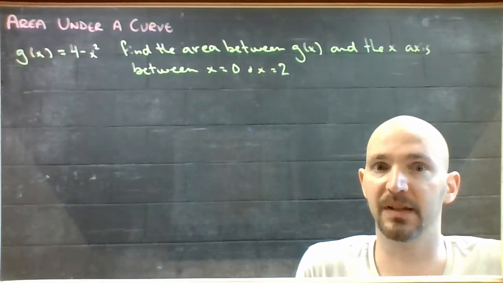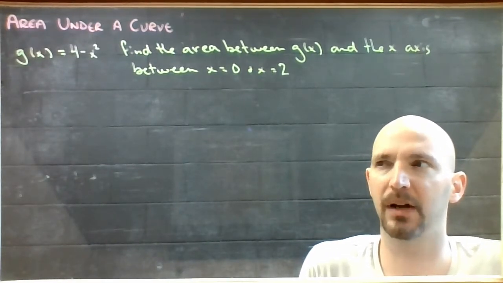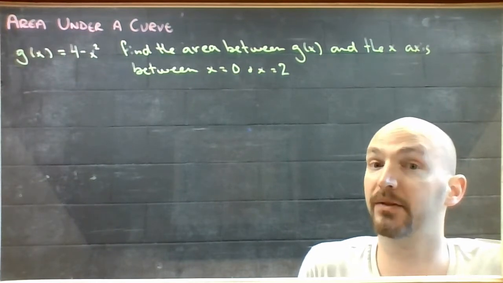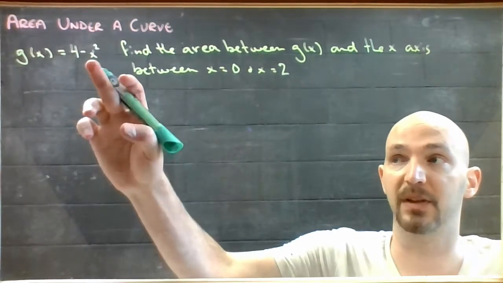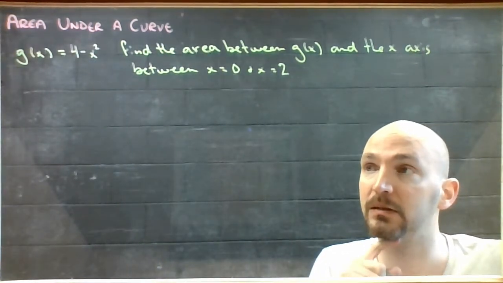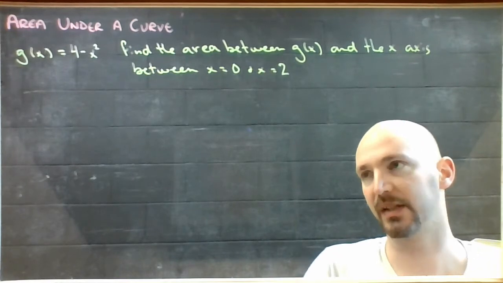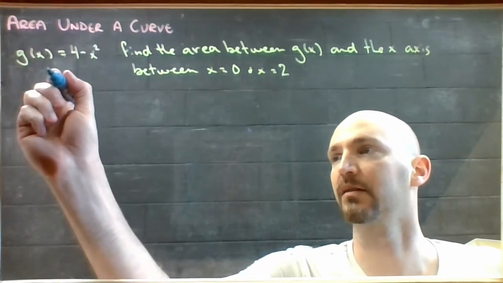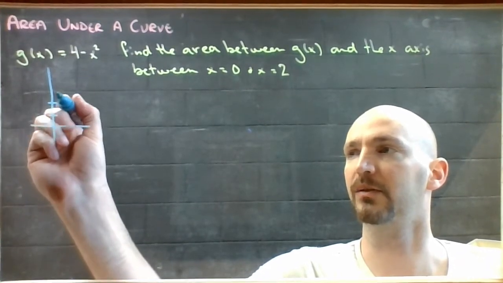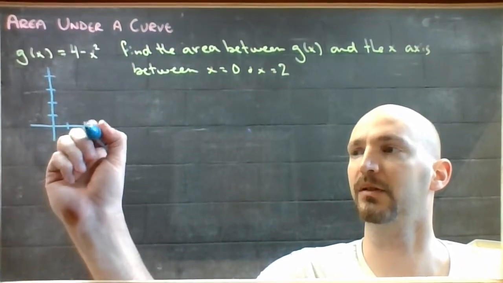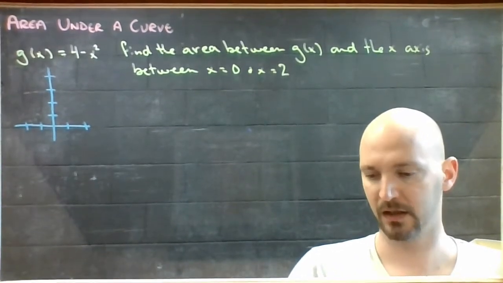Alright, so this one, 4 minus x squared, that's a parabola that has a y-intercept of 4 because it's been shifted up 4. It's been flipped upside down, and it has not been shifted left or right. So if I were to sketch that, 1, 2, 3, 4, 1, 2.